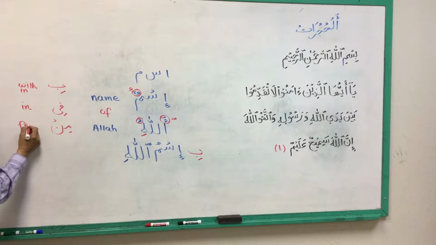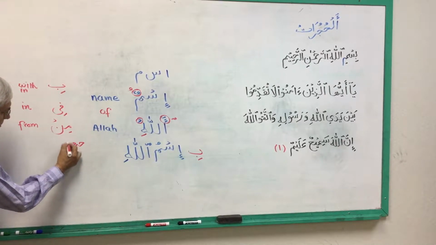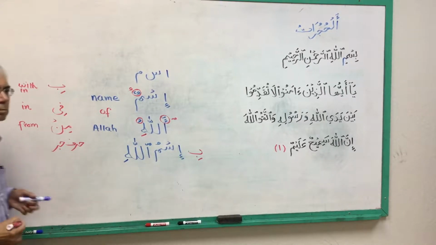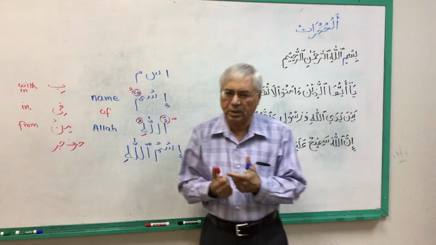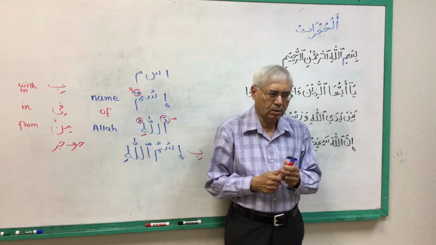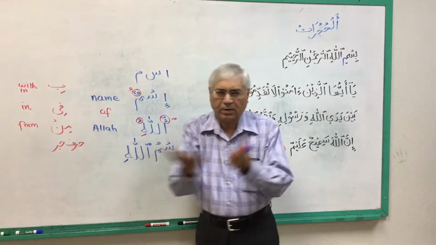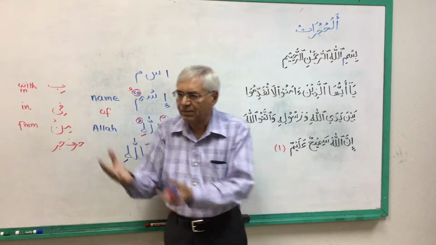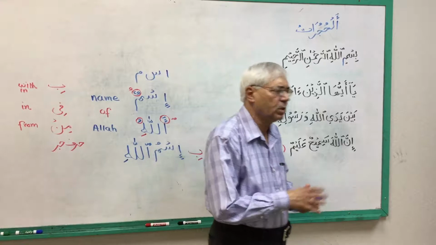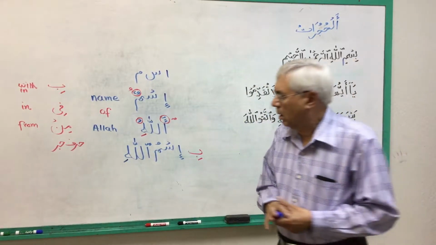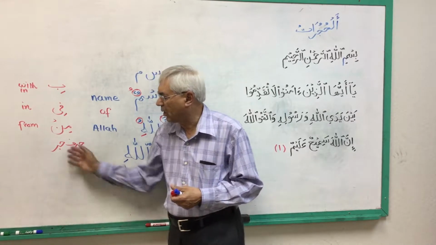Min means from. These are called Harf-e-jar. Harf-e-jar are like prepositions in English. They define the position of something. With is defining the position, in is defining the position, from is defining the position. In Arabic, this is the meaning of those words. They're called Harf-e-jar.